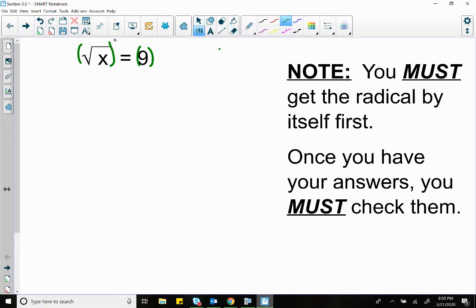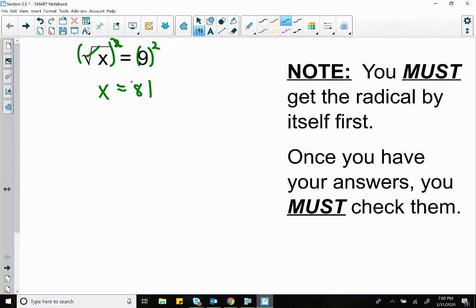And that will be a power of 2. Or in other words, squaring gets rid of a square root. These are the yin and the yangs to each other, and you've seen those before. So if we square a square root, that's going to take care of the root and take care of the square, leaving you with x. Equal to, well, what's 9 squared? And that is 81.